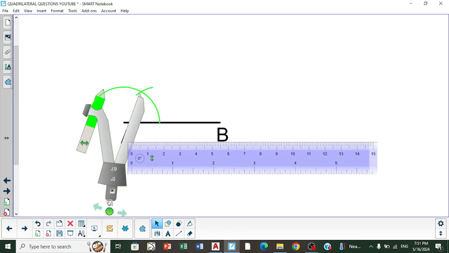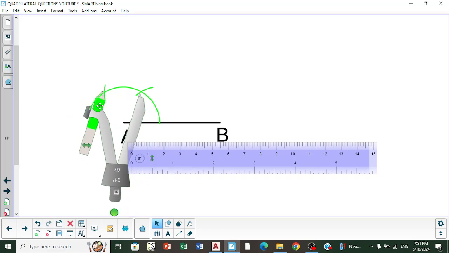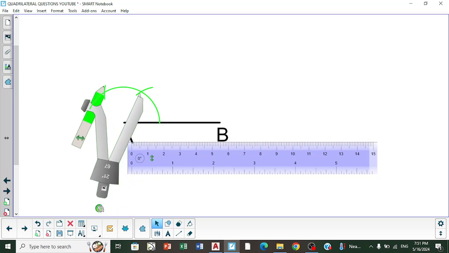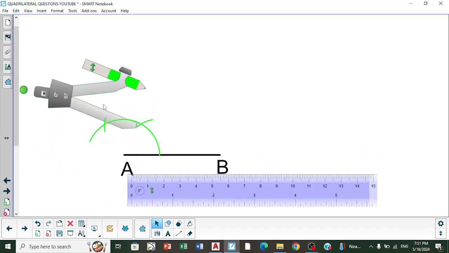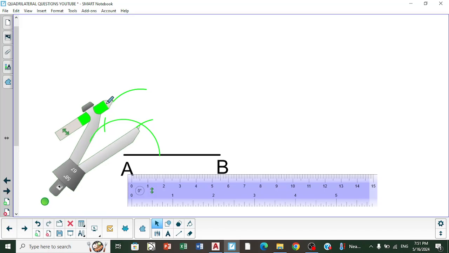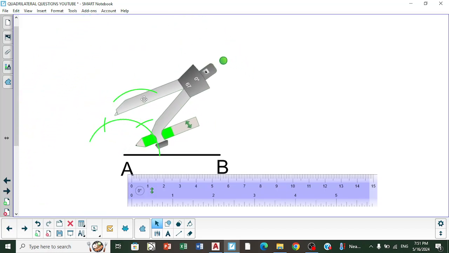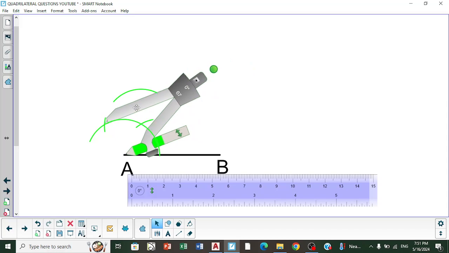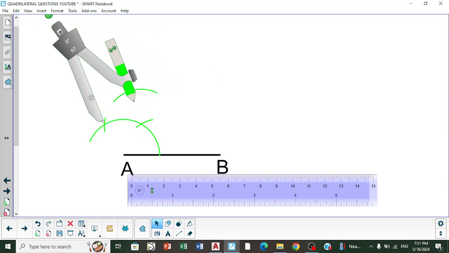The first arc gives me a distance of 60 degrees. The second is going to give me a distance of 120. 60 and 60 is 120. Then I'm going to proceed to bisect between these two distances. I'm going to come at point 2. I'm going to bisect it.